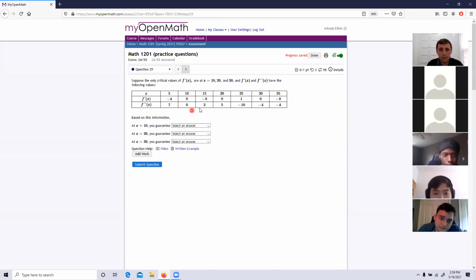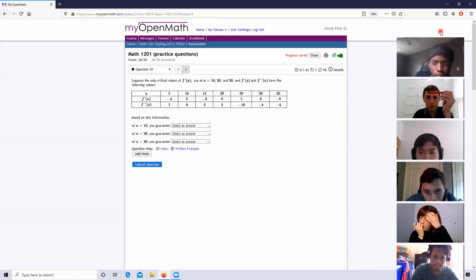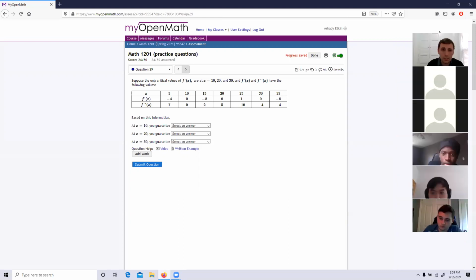Let's look at 20, for instance. At 20, the first derivative is 0, and the second derivative is 5. Which means what? A positive second derivative means the graph wants to become more positive. So you're at 0, and then you feel pressure to move up. So at 20, you have a local minimum.